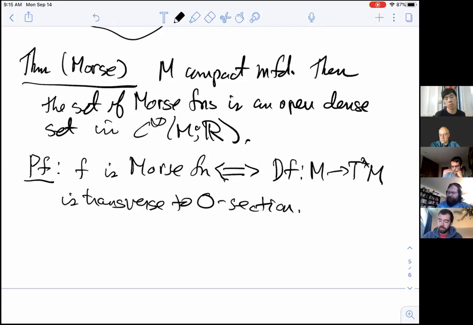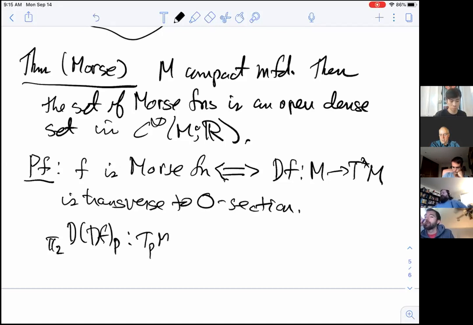Okay, the critical points will be the pre-image of the zero section, and this condition on the Hessian that it be non-degenerate is just the condition that d of df at p, or projection under the second factor, mapping the tangent space of M to the cotangent space of M, is an isomorphism.